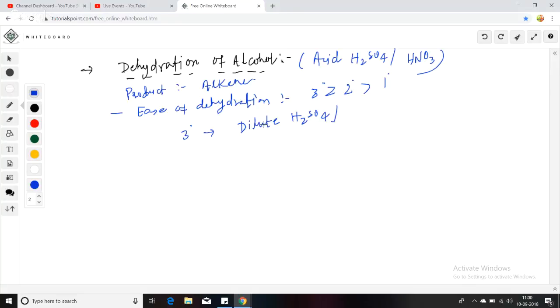We can use concentrated also and we'll get the same product. This is true for 2 degree also, for both 2 degree and 3 degree, dilute or concentrated, both will give you the same product.